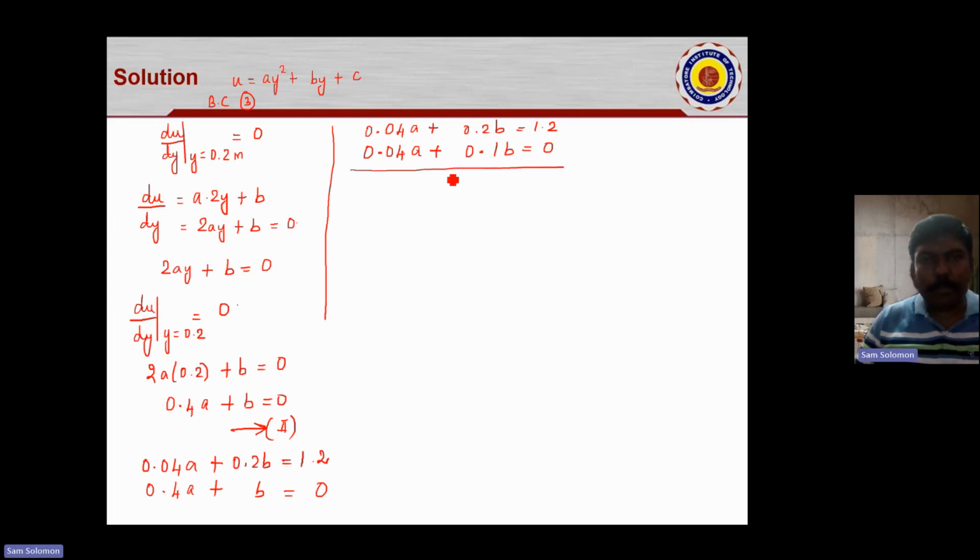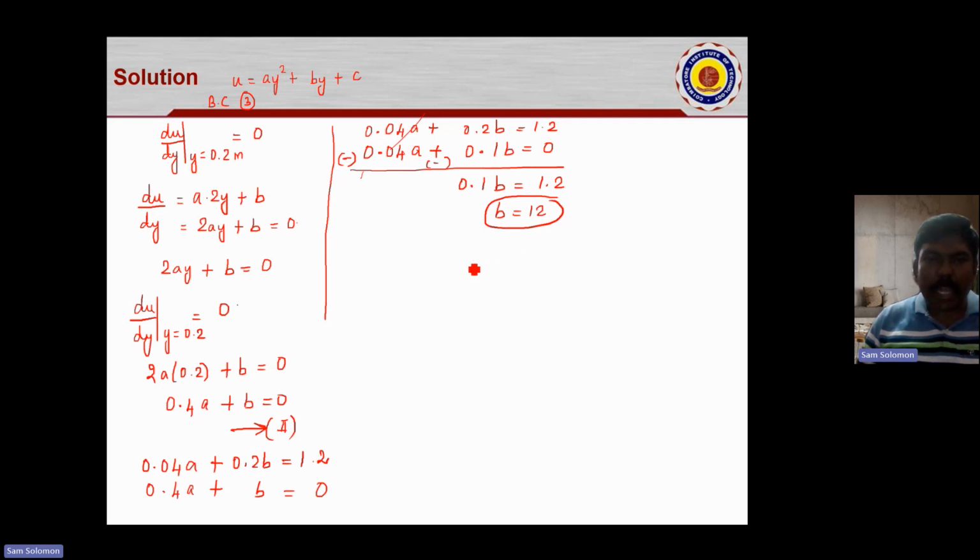And if I subtract the second equation from the first equation, I would get 0.1b equal to 1.2. So b is 1.2 divided by 0.1, which cancels the decimal places on both ends. So you will get b equal to 12.